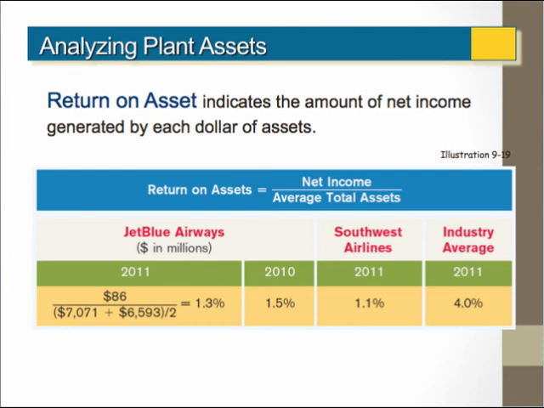We look at Southwest, their competitor, at 1.1%, which basically tells us that they're doing better than Southwest Airlines. However, the industry average in 2011 was 4%. So therefore, JetBlue and Southwest are doing less well than the industry.